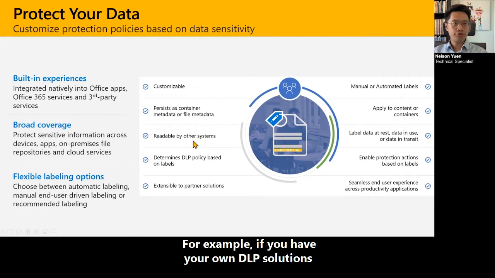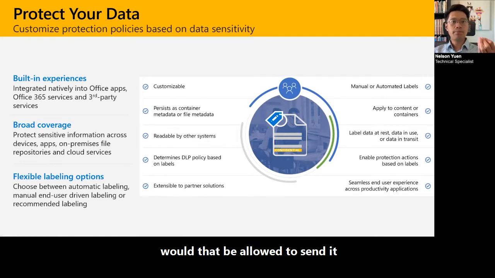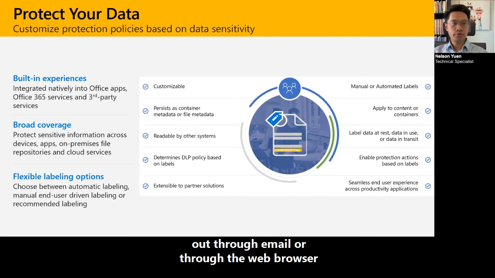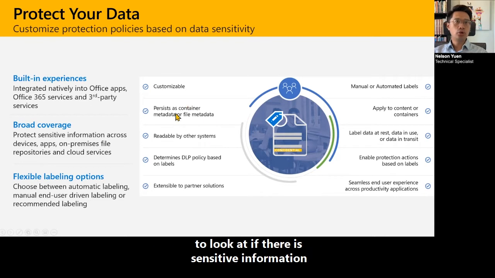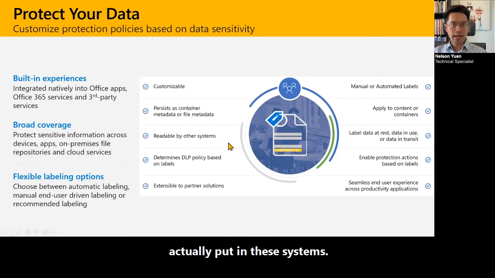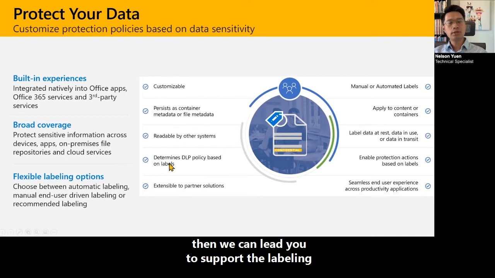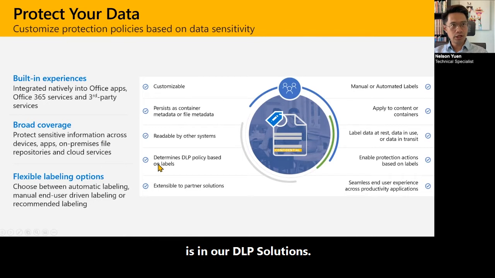For example, if you have your own DLP solutions or proxy solutions, they can inspect the file. Would it be allowed to be sent out through email or the web browser, or would it be allowed to be put in a certain system? Based on the file metadata, you can look at whether sensitive information is actually being put in these systems. And of course, with our DLP solution, we natively support the labeling.